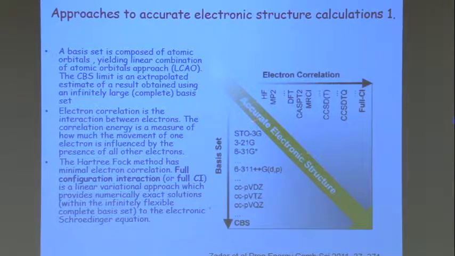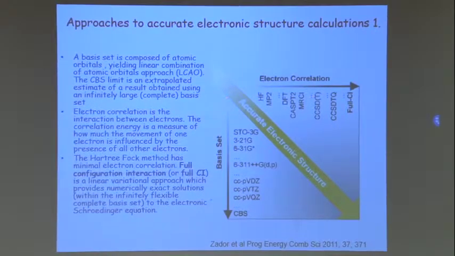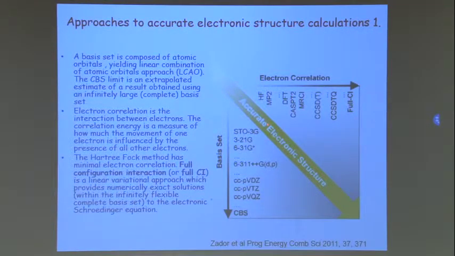And so what we're doing as we go along here is we're allowing for this electron correlation with different methods. And those of you who have read papers, and I'm sure many of you have, then you'll recognize some of these sets of initials as we go along here.